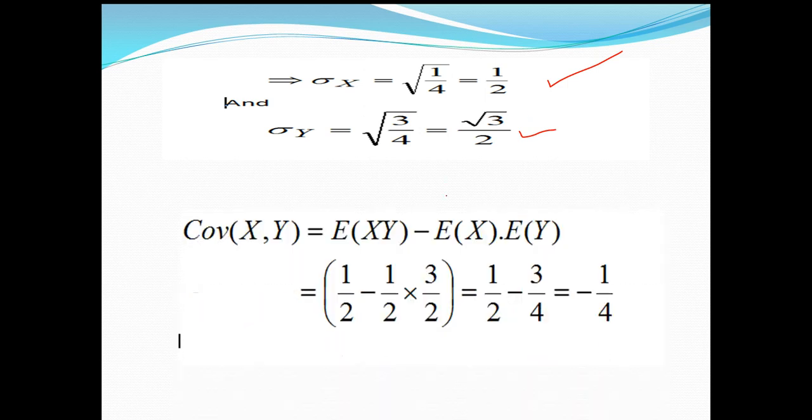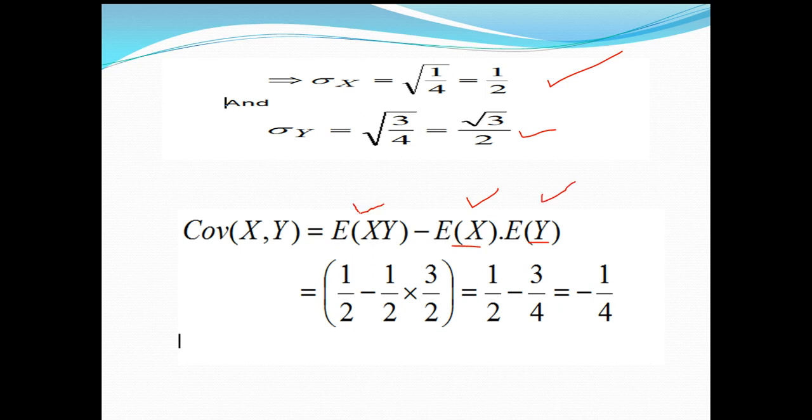Now we'll find covariance of xy. Covariance of xy is equal to E of xy minus E of x into E of y. This is the formula, where E of x is the expectation of x and E of y is the expectation of y, already we got.